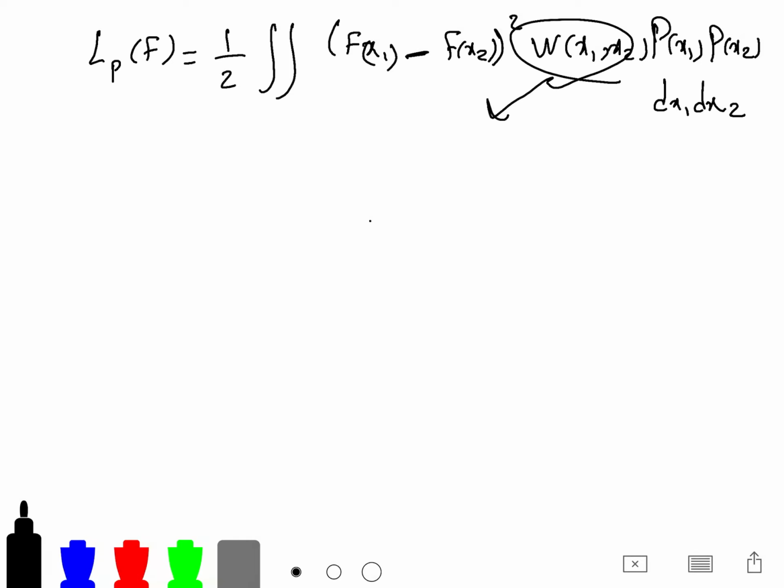And this is your typical weight, with 2 epsilon. This is the continuous analog to the graph Laplacian. We try to analyze the eigenfunctions of the LP of F.